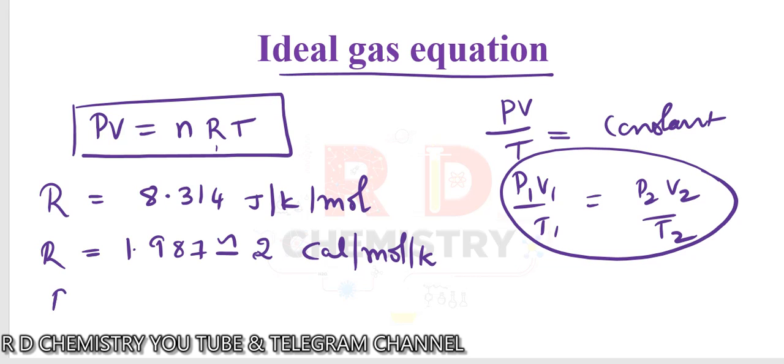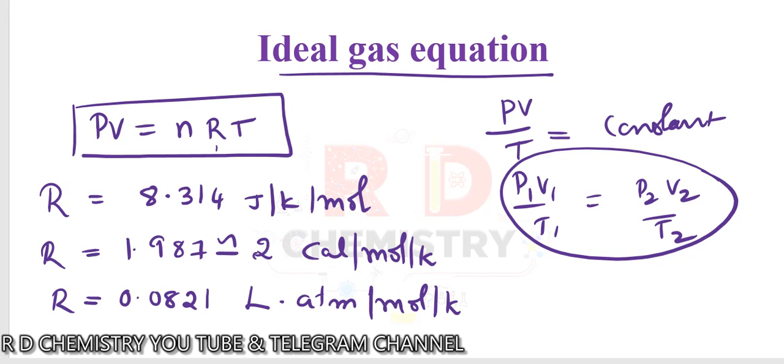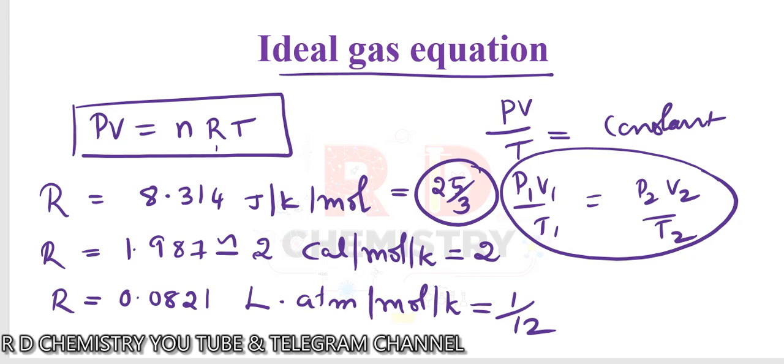If I take R in terms of liter atmosphere, it is 0.0821, in terms of liter atmosphere per mole per Kelvin. Clear? So we can also take the numbers like this: this is 25 by 3 times this number, this is approximately equal to 2, already written, and this is approximately 1 by 12 times. Okay, for calculation to be easier, 25 by 3, 2 and 1 by 12.